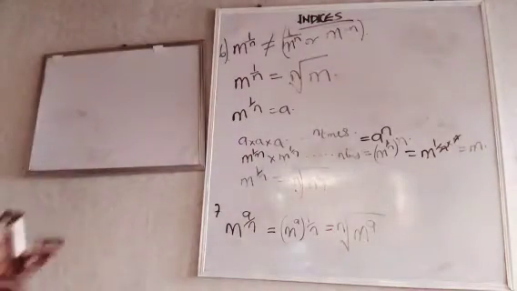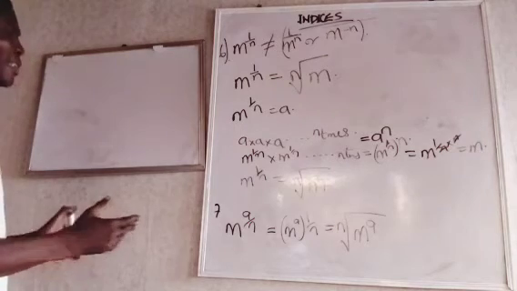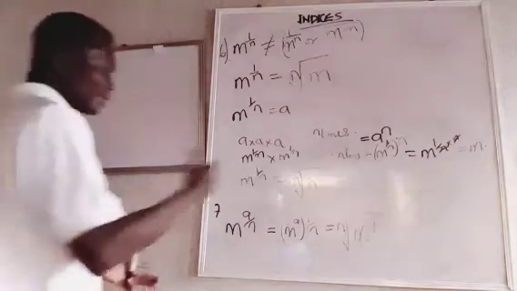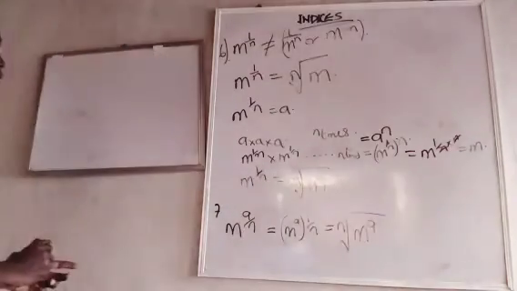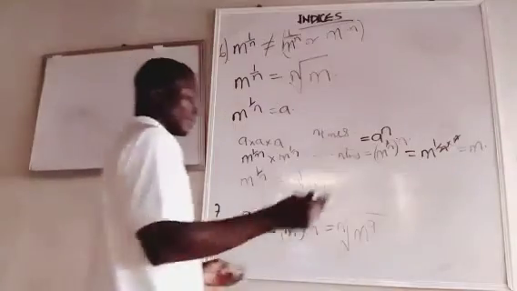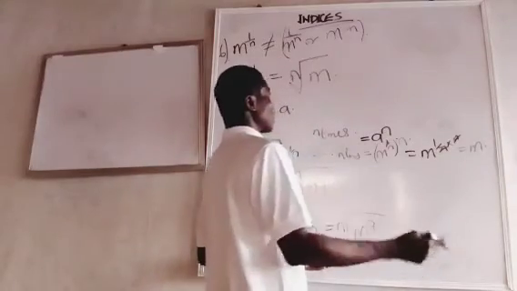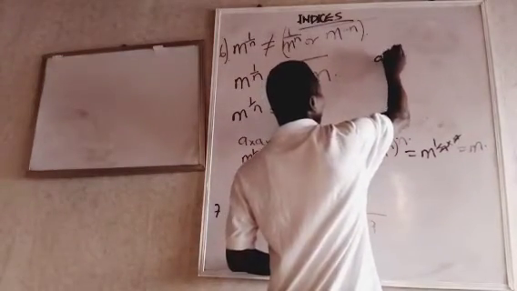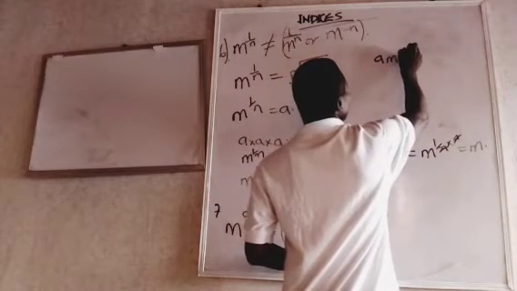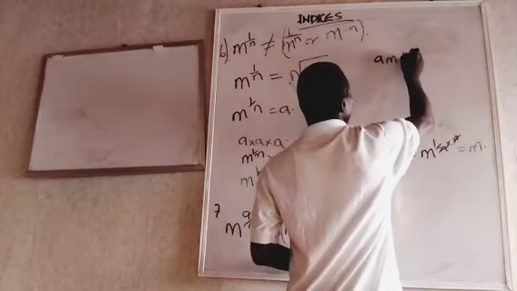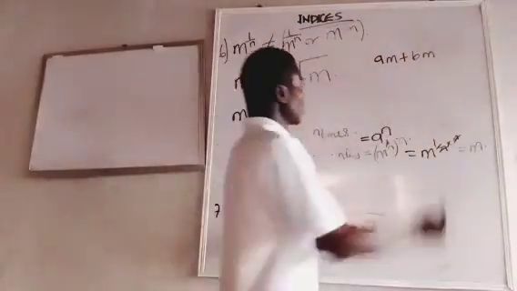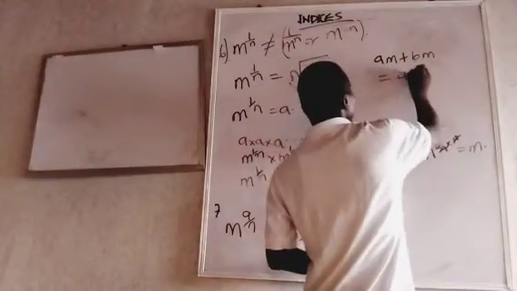Now, as you have seen this, you might see a kind of similarity between indices and the addition or multiplication process. In normal addition, when you have an plus bn, it's going to give you a plus b.